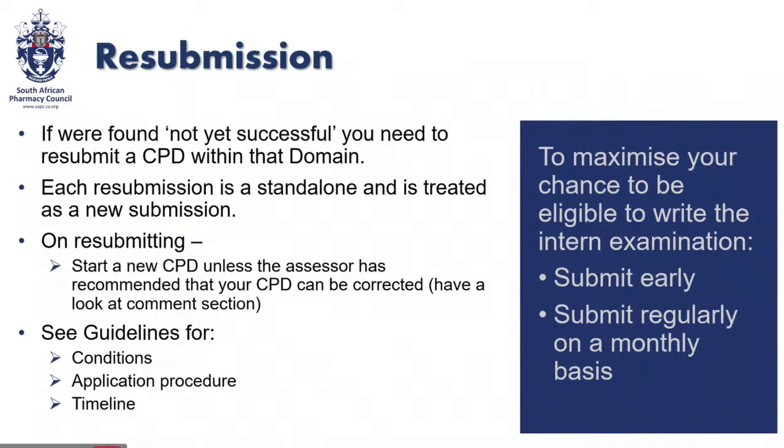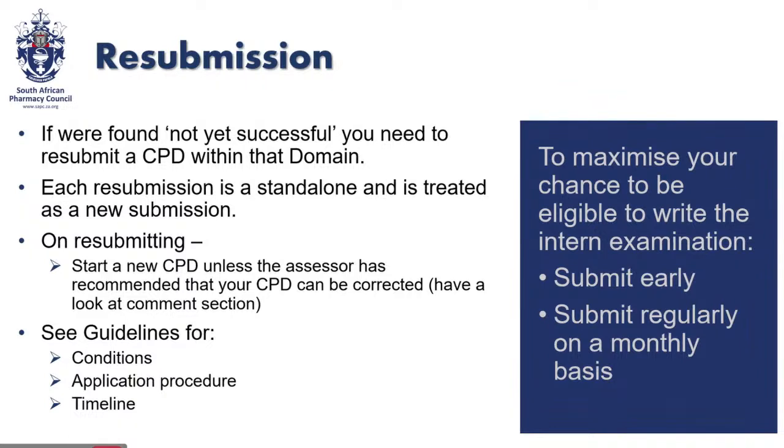Okay, so if you were found not yet successful, then you need to resubmit a CPD within that domain. Important to remember that each resubmission is a standalone entry and it is treated as a new submission. So we look at previous evidence as well.